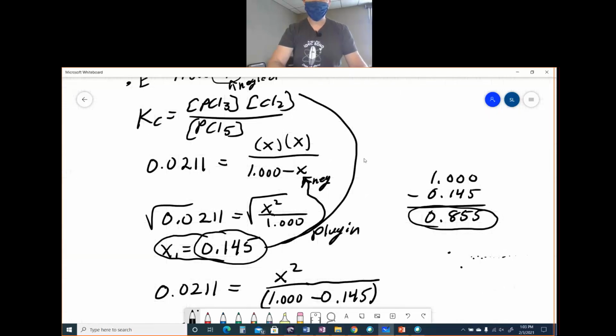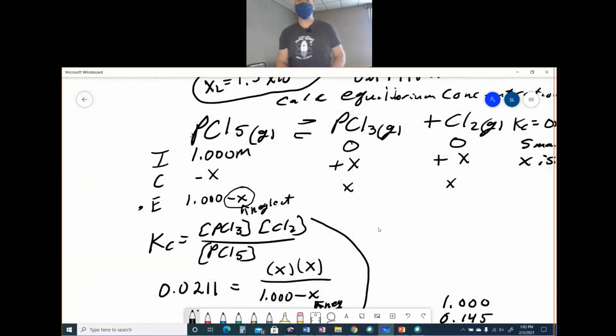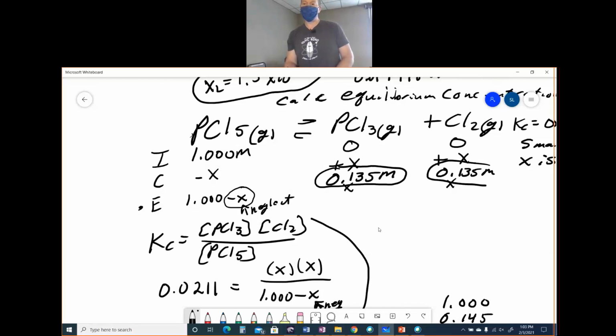We have our x value, and so we have the answer here: 0.135 molar for our PCl3, 0.135 molar for our concentration of Cl2, and 0.865 molar when we take our 1 minus the 0.135 for our PCl5.